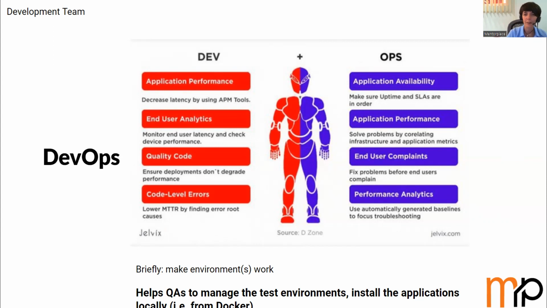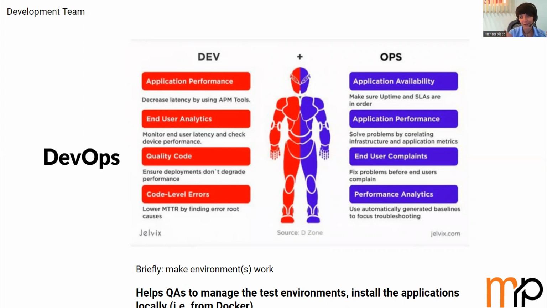So the DevOps is helping you to get everything to work. And you can think only about the functionality of the application and the integration. You will not be thinking about how to configure the test environment, how to prepare your platform, because you have the DevOps. So this is a very, very, very useful guy.